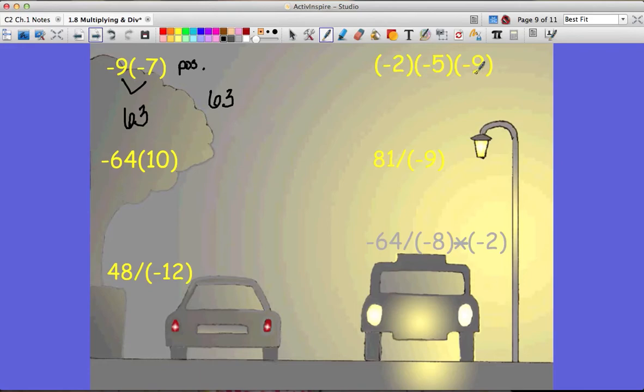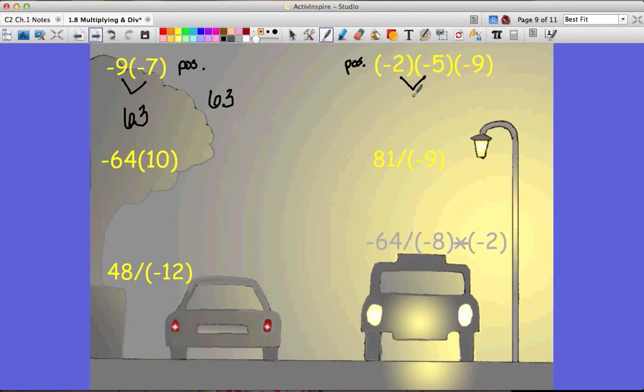Now with this problem, I have 3 steps. Since I have 3 steps, just like we did the other day, we have to do them one piece at a time. So first I just look at the first part of the problem, -2 times -5. Since I have -2 times -5, the negative and the negative is going to give me a positive, but that's only for the first part.